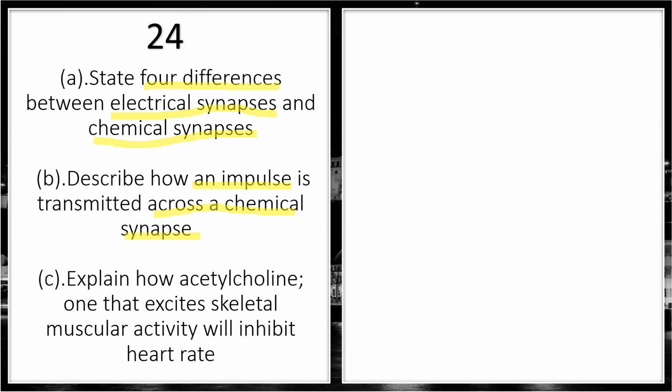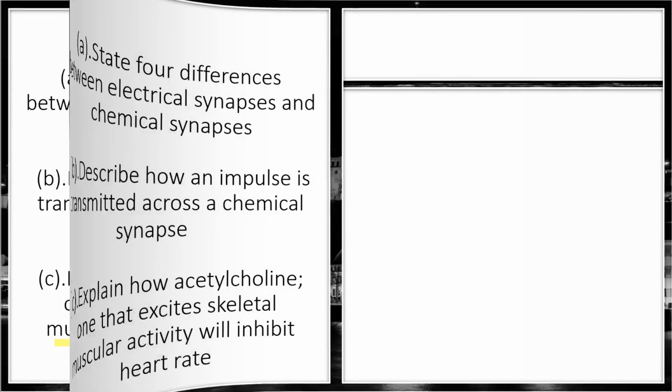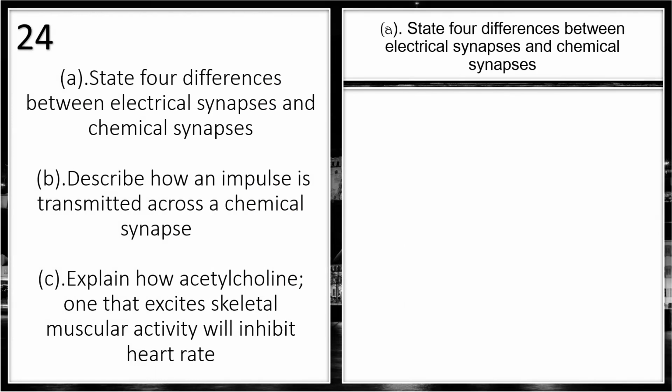And part C. How acetylcholine, one that excites skeletal muscular activity, will inhibit heart rate. Part A. State 4 differences between electrical synapse and chemical synapse.